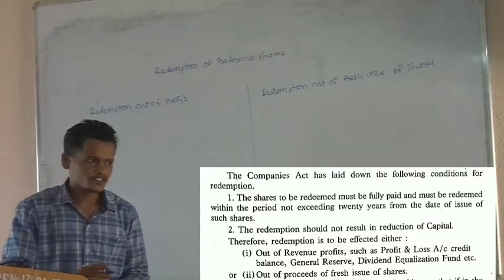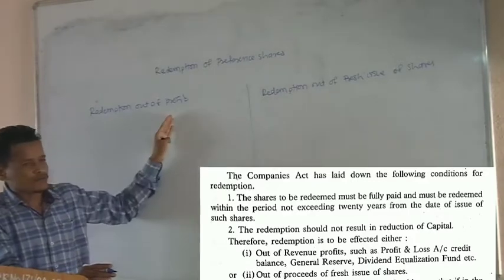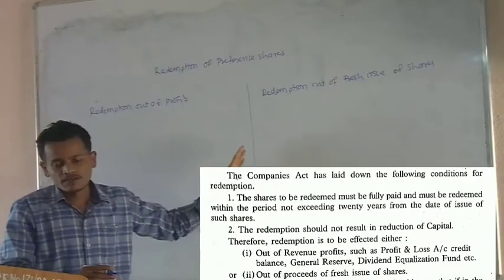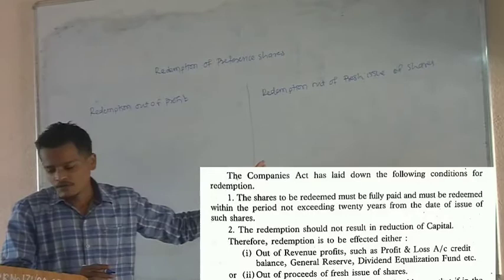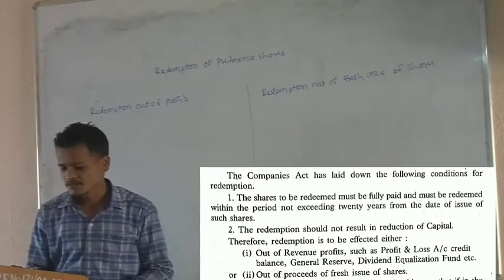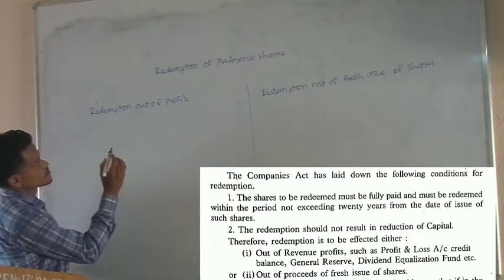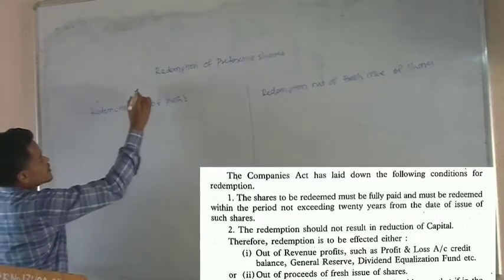If the organization is using profit or general reserve to redeem the shares, then that profit, that fund must be transferred to the redemption reserve fund. Okay, so capital redemption reserve is created.